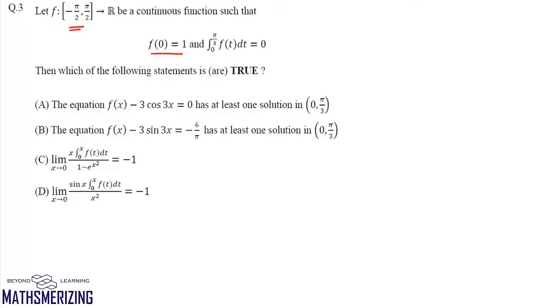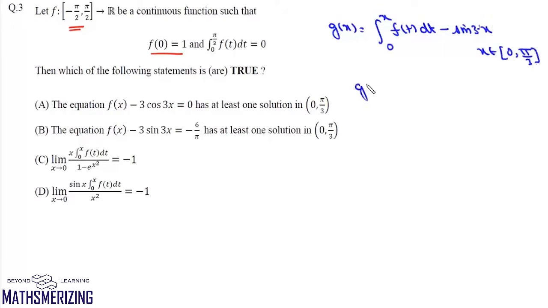Now what we'll do is we'll assume a function g(x), which is this integral from 0 to x f(t) dt minus sin 3t in the interval x belongs to 0 and pi by 3.